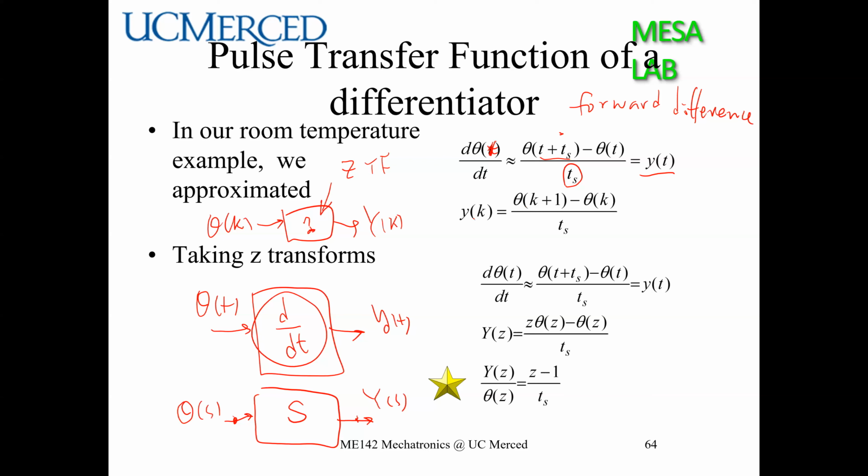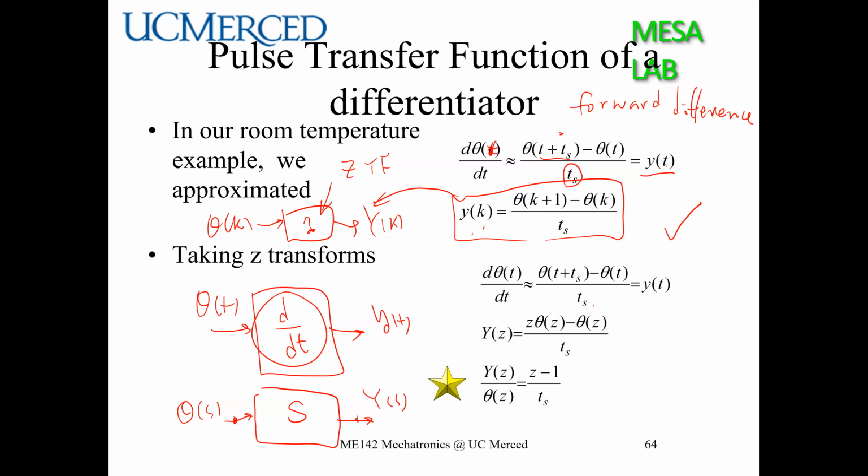So in this case, I can write yk is theta k plus 1 minus theta k divided by T. So this is my discrete relationship in here. This is my difference equation. But I can also write, this is z.